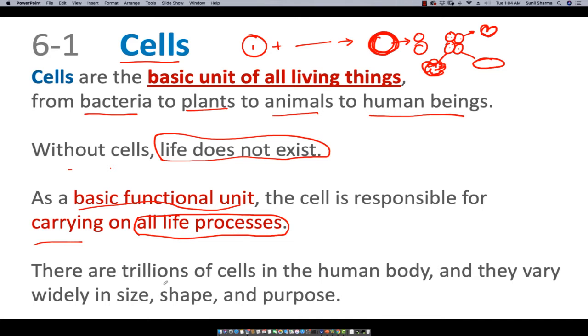And there are trillions of cells in the human body, and they vary widely in size, shape, and purpose. So there are a variety of shapes and sizes of cells, and they're built to create different tissues, and those tissues create organs, and organs then come together to make body systems.